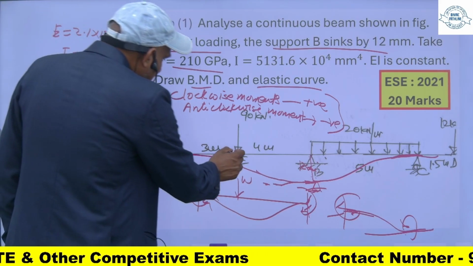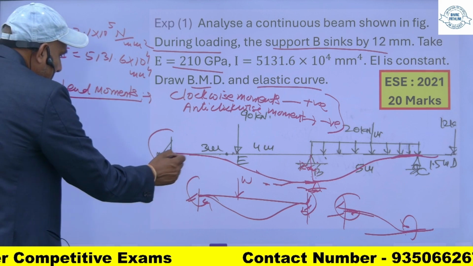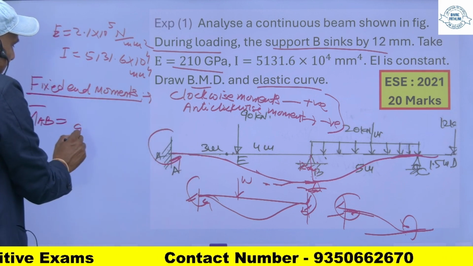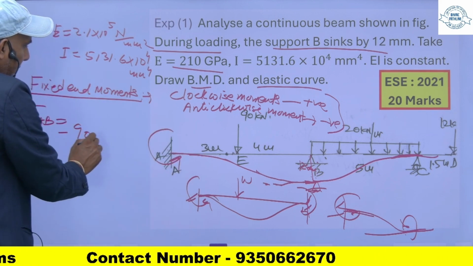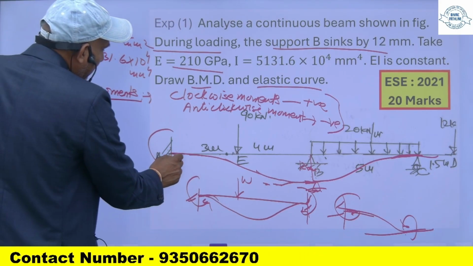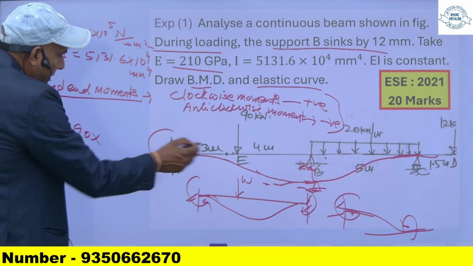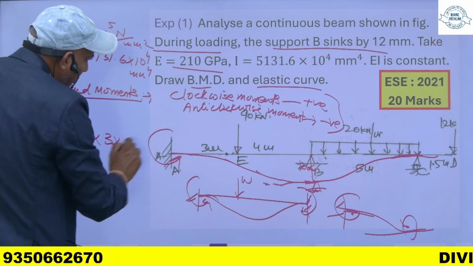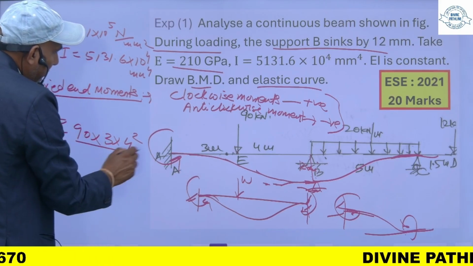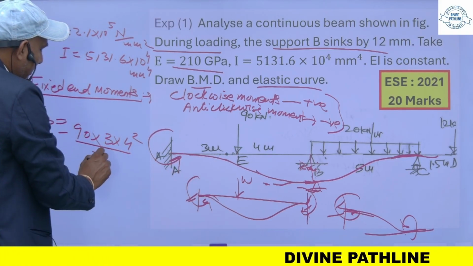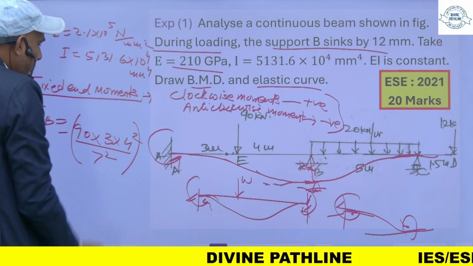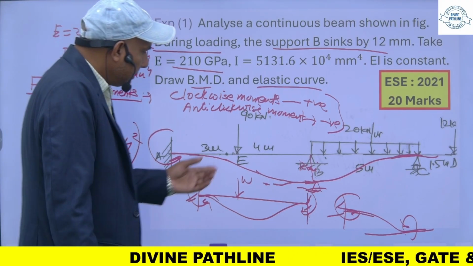So because of this load, the moment will be negative 90. Since it is anticlockwise, it will be negative 90 into 3 into 4 square upon L square. L is 7 meter. So this is the fixed end moment because of this load.